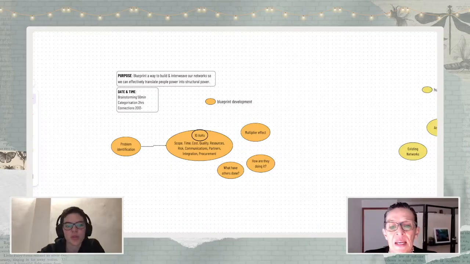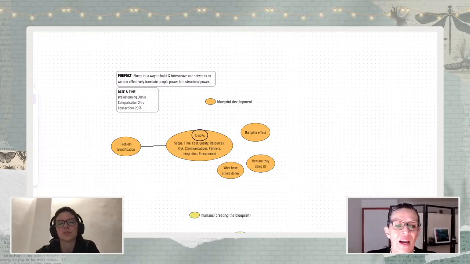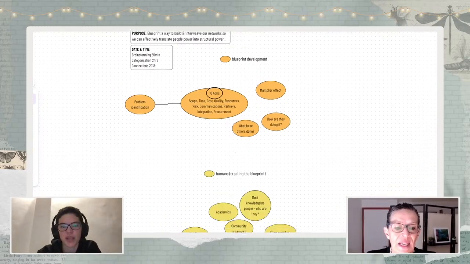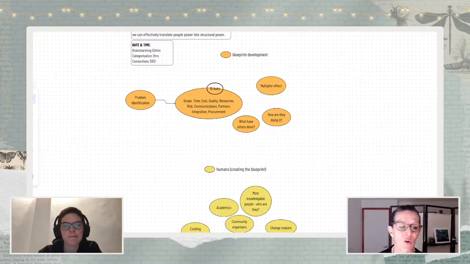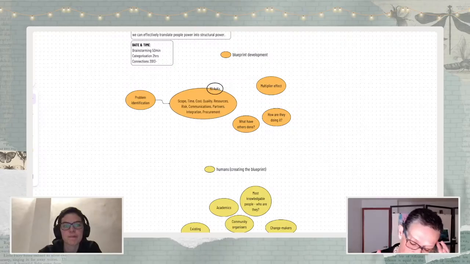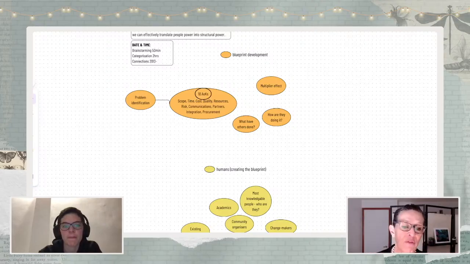So I'm going to bring both, because the yellow is part of the development. I'm going to bring it into view. Yes, and that's where I have, in my mind, how all the orange connects to the yellow. And the yellow is sort of not only the humans that are going to input information.